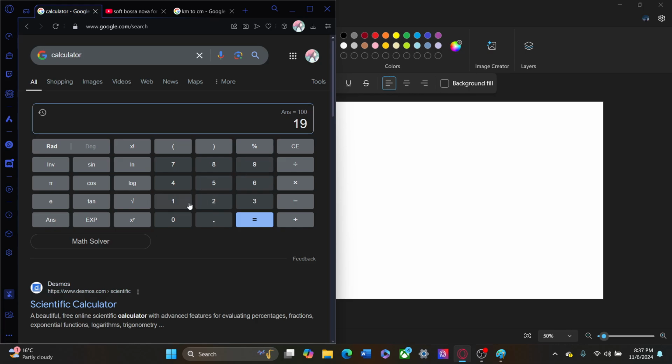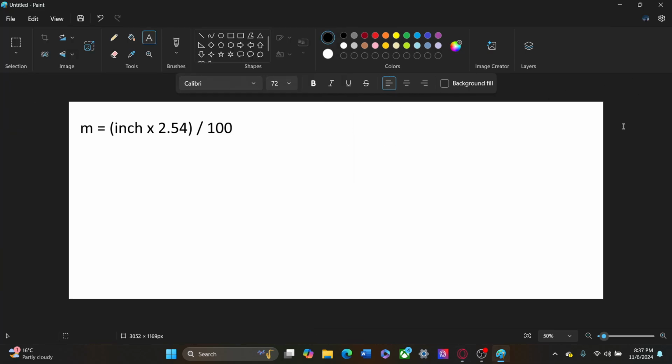So we have 190 centimeters. Divide that by 100, which is our meters. We get 1.9. Now that we know that to get 1 meter, we need 100 centimeters.